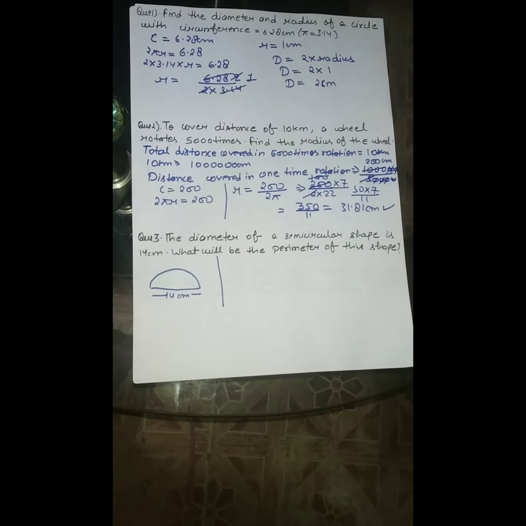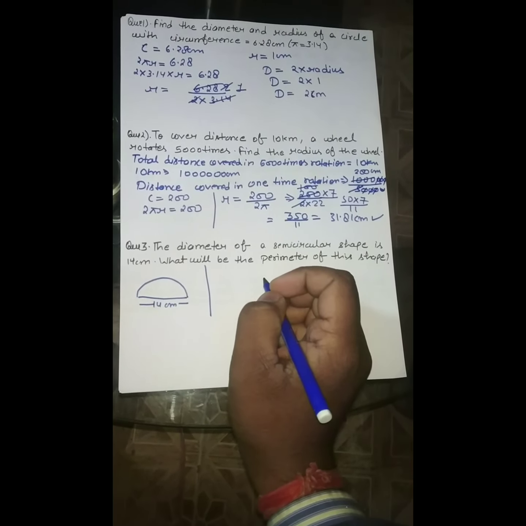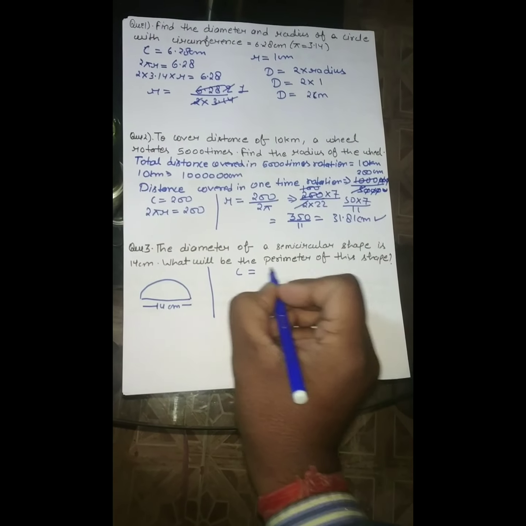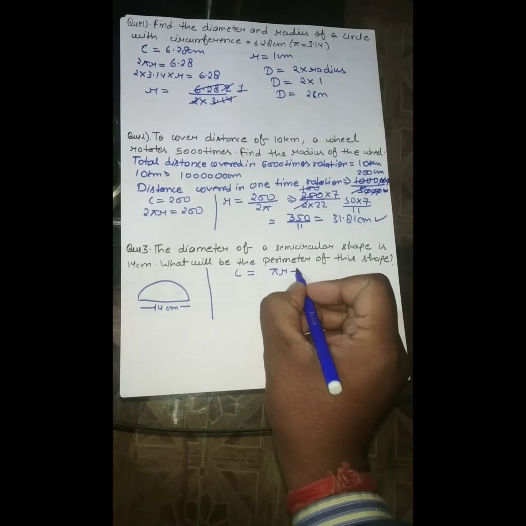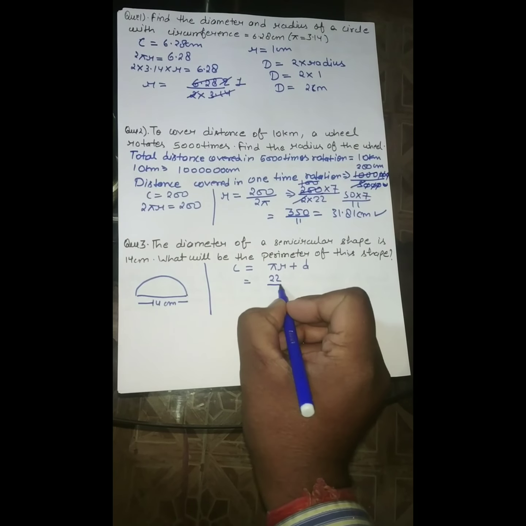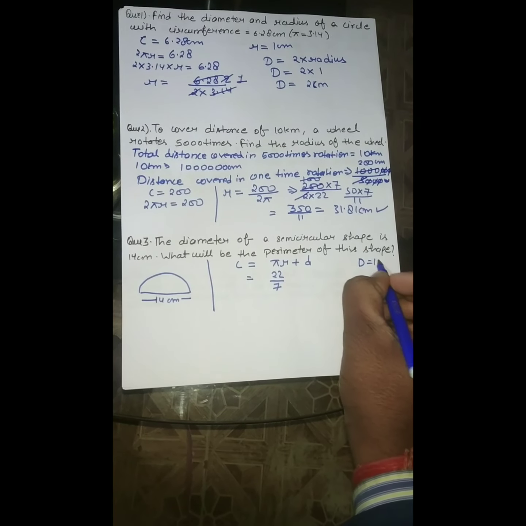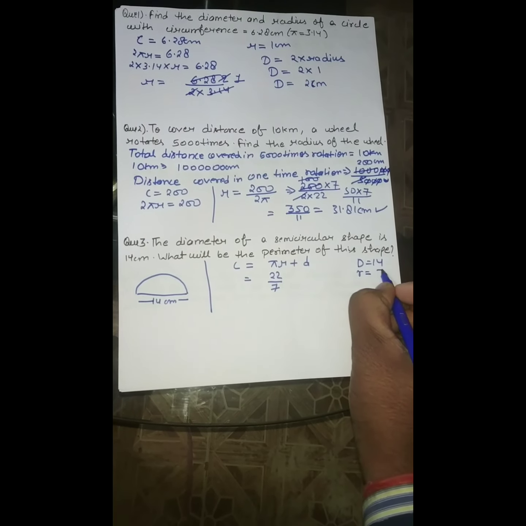So the perimeter is nothing but the circumference of any circle or any semicircle. So the formula for the perimeter of a semicircle, that is circumference, is pi r plus d. So here the value of pi is 22 upon 7 and the radius, if the diameter is 14, is obviously 7 centimeter.